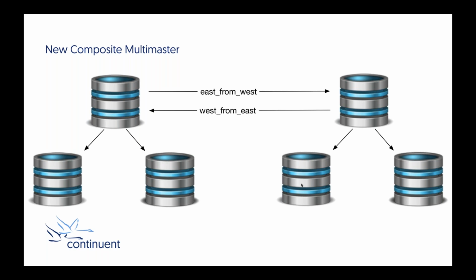So now we have a situation where we know from a replicator perspective that we have a unified view of what is going on without having to use a different set of tools, without having to go through and use different command lines and different environments.